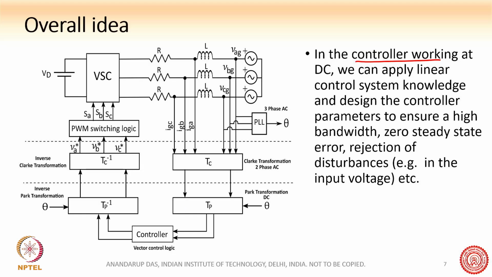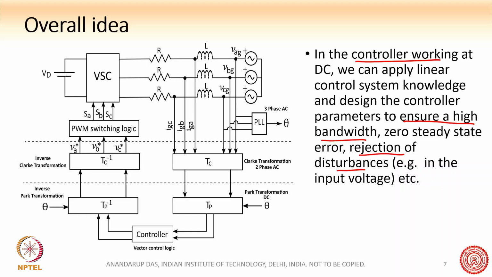This is one of the reasons why we converted all the three-phase quantities into DC. When you go into DC and apply linear control system theories, we can, for example, treat the whole control system as a second order system, and therefore understand the bandwidth of the controller, whether there is zero steady state error, whether there is any rejection of disturbance, etc. So we can tune these parameters: how much is the bandwidth of the controller, how fast it will respond, how quickly it will settle, for the whole plant along with the controller.